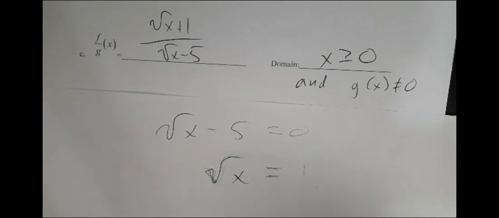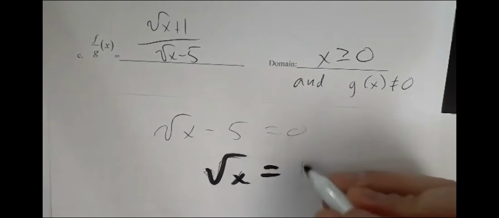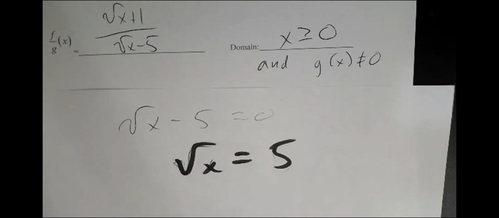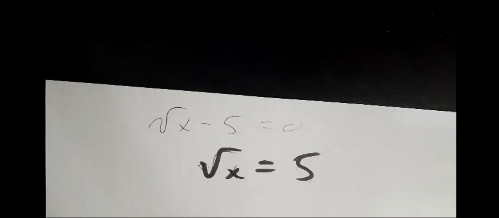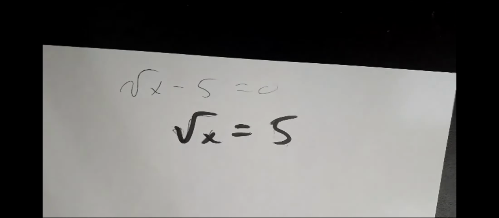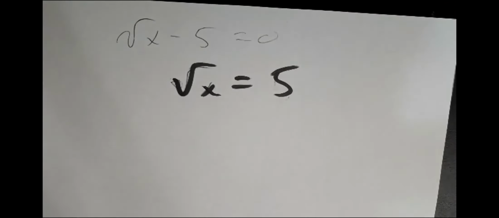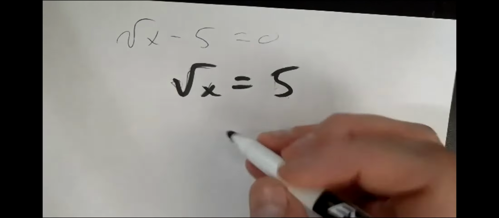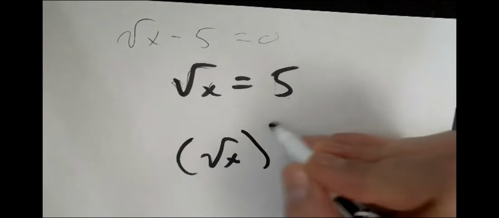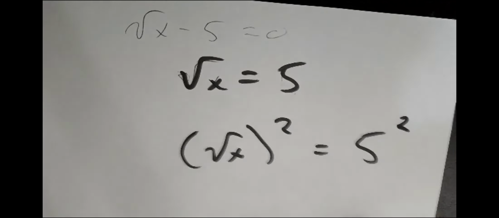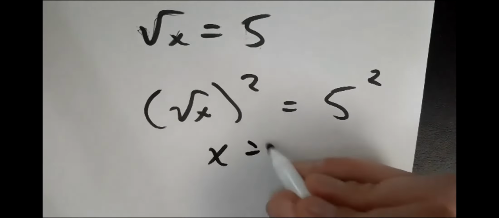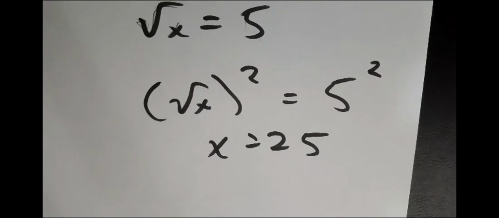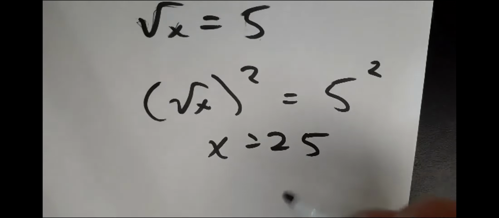I'll do it with marker. That's like when root x is equal to 5. If root x is equal to 5, how do we get rid of a square root? We have to square it. So x will be equal to 25. And so this is another domain restriction.